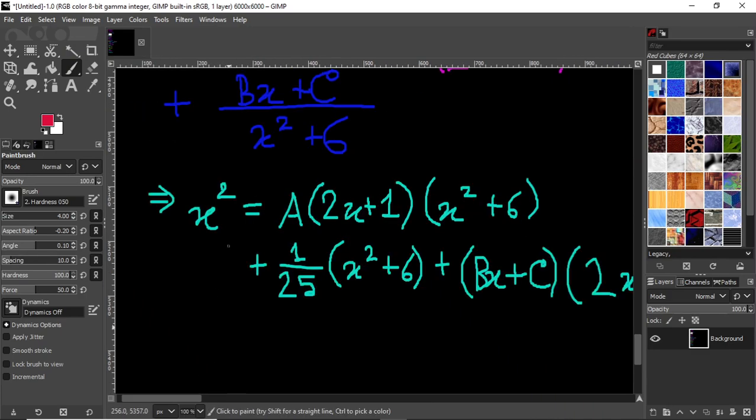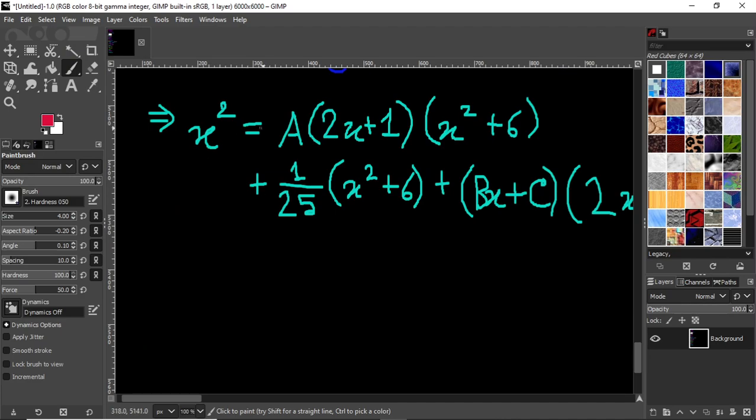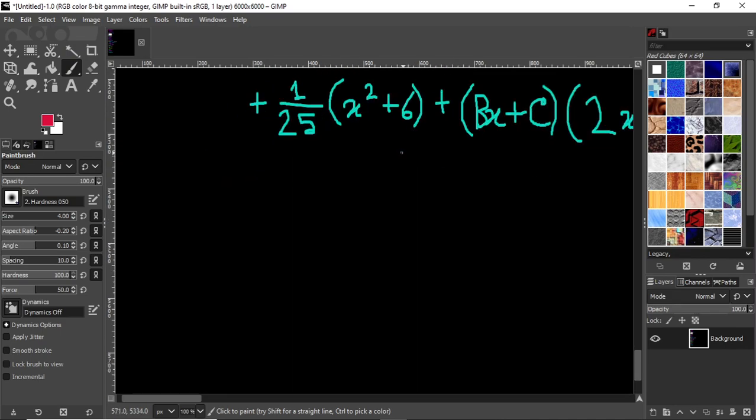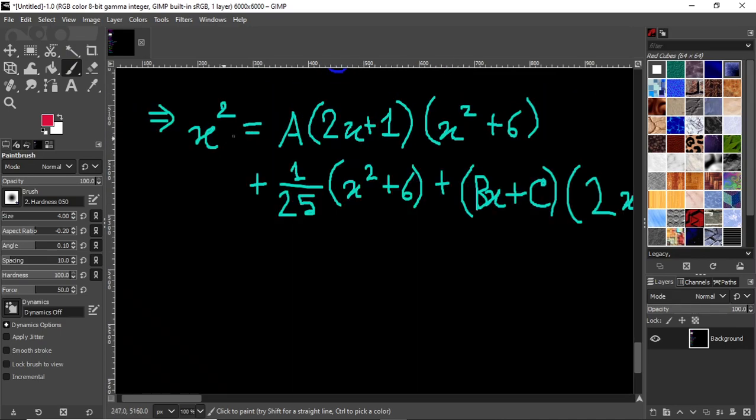Let's try to do that. And we could also do something like this. This is the second approach that I'd like to show you. This is quite useful. Sometimes it just gives the unknowns pretty easily. So let's see that too. And this is basically equating the corresponding coefficients on both sides.